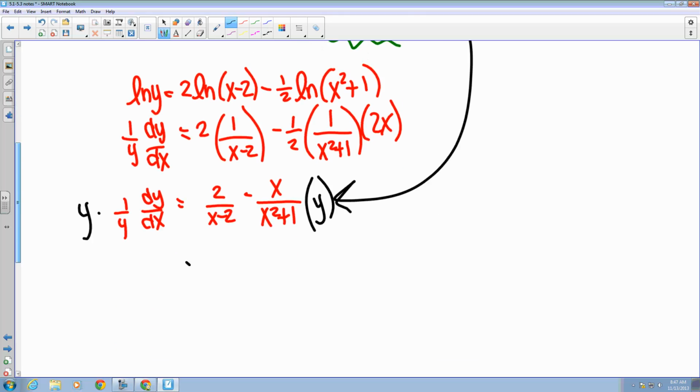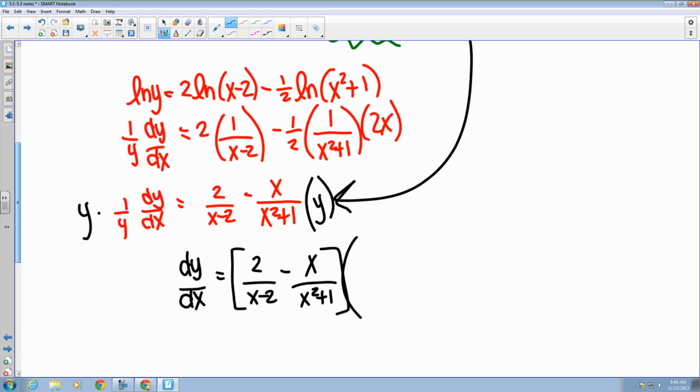So our final answer for dy dx is 2 over x minus 2 minus x over x squared plus 1, times our original, which is x minus 2 squared over square root of x squared plus 1. That's it.